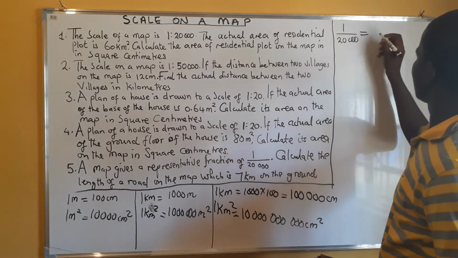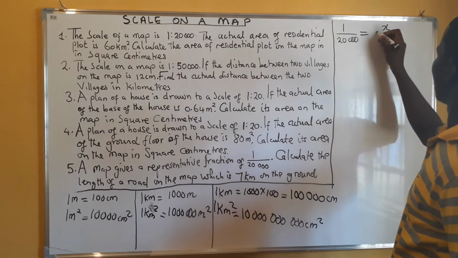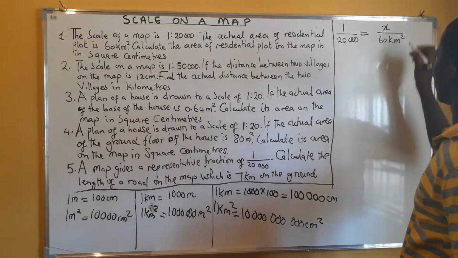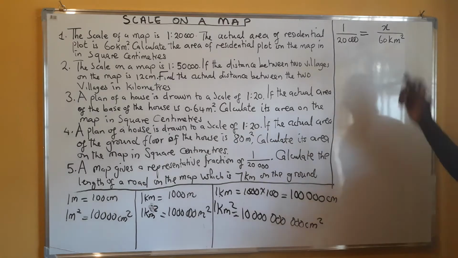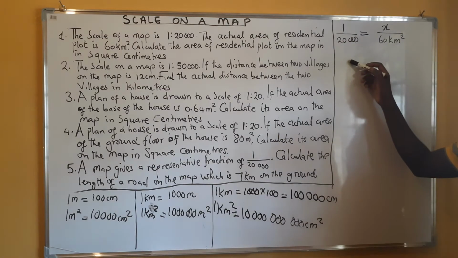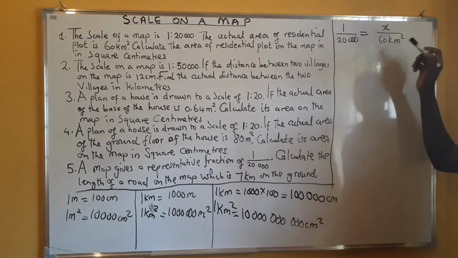We have this measurement that we are looking for, and here we have 6 kilometers squared. So we are looking for x. Now these are centimeters here, and they are not squared. This is a kilometer and it's squared.